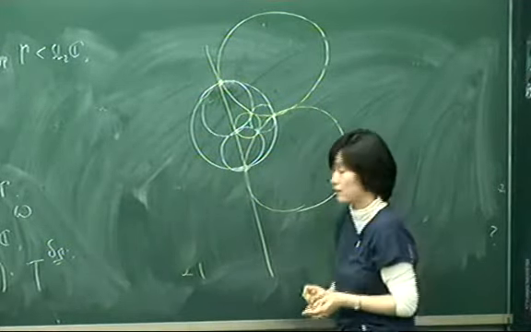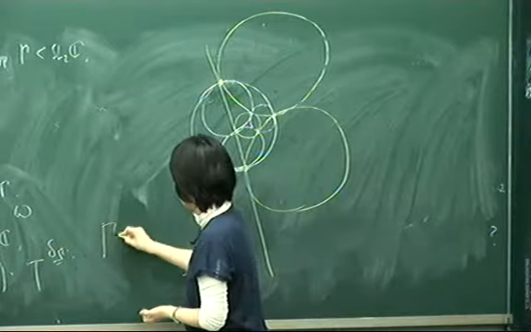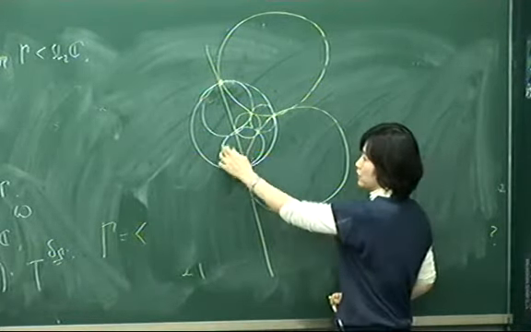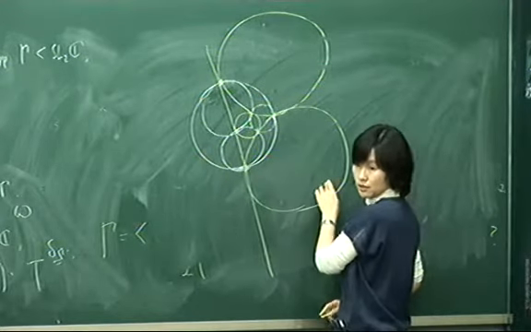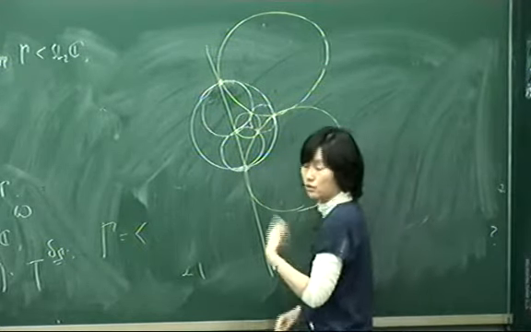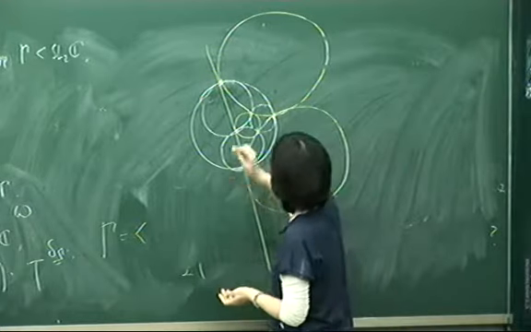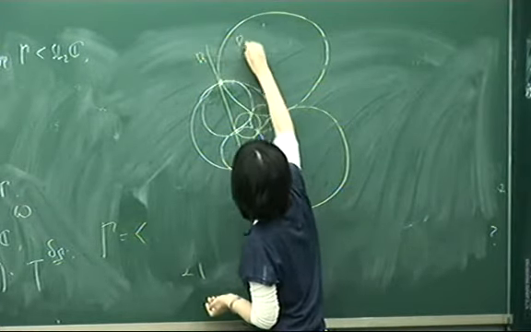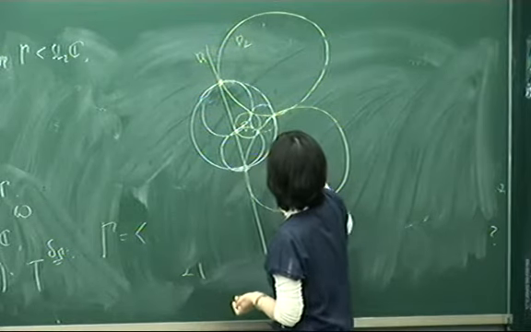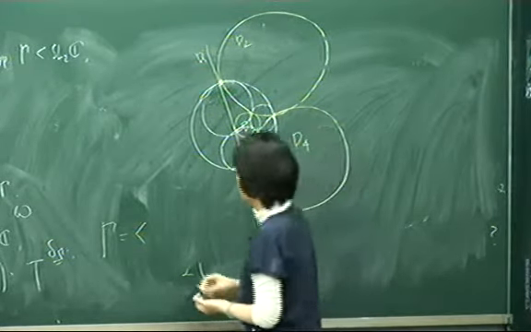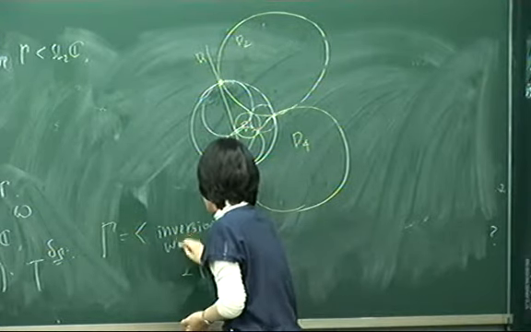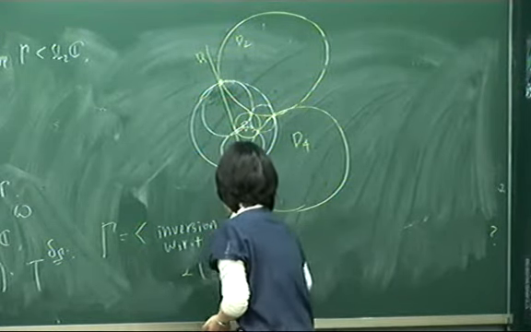And this gamma, I take to be the subgroup generated by reflections with respect to these 4 dual circles, or inversions. Let's call these 4 dual circles D1, D2, D3, and D4. Then gamma is generated by inversions with respect to Di.